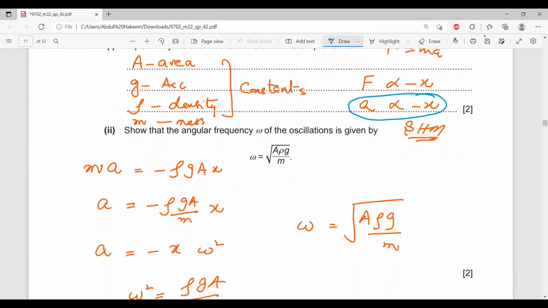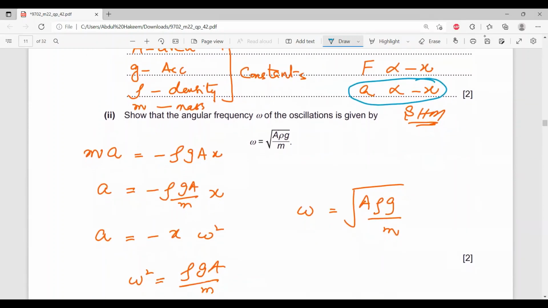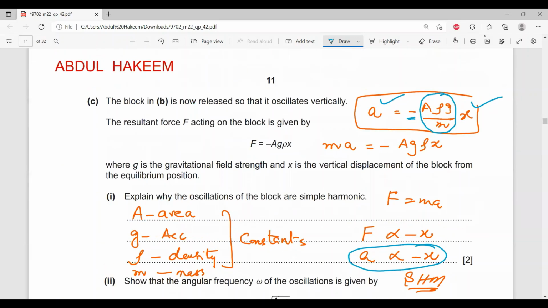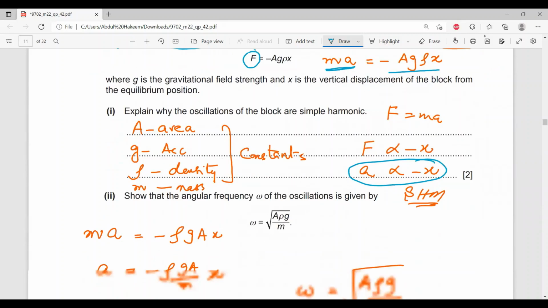Next, show that the angular frequency omega is this. Look, this is the resultant force, it's given here. And the resultant force produces acceleration. So we can write ma is equal to minus A rho g x.